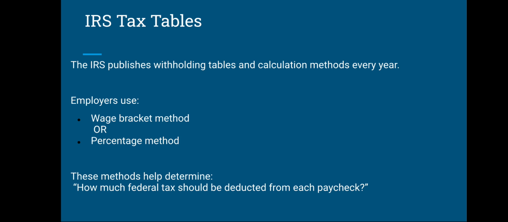For example, Social Security is 6.2% from the employee side and 6.2% from the employer side. Total 12.4% Social Security. Same for Medicare, 2.9% will be deducted for a single person in a single paycheck.